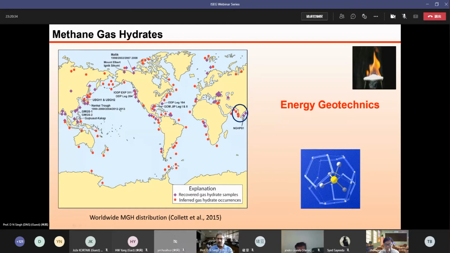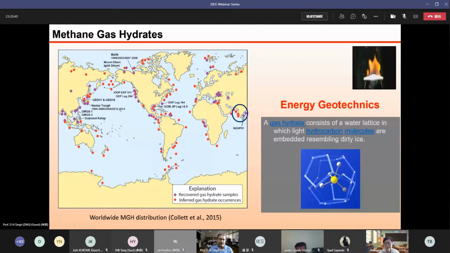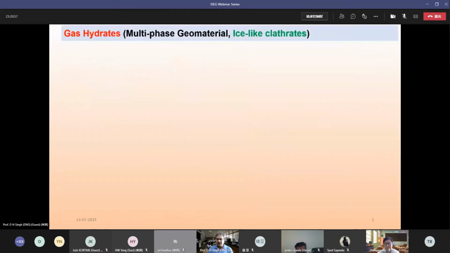So in the water molecule, you have a CH4 molecule which is trapped. The way we define this phenomenon is methane gas consisting of a lattice of water, in which the hydrocarbon molecules are trapped, and it resembles dirty ice. I'll show you some of the pictures where you can appreciate it better.